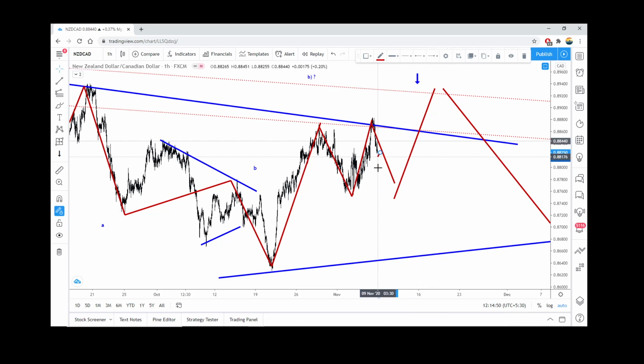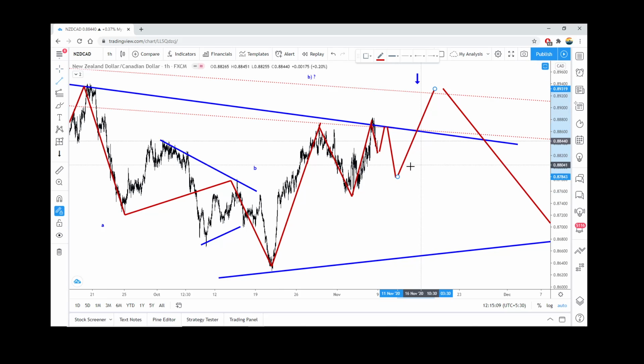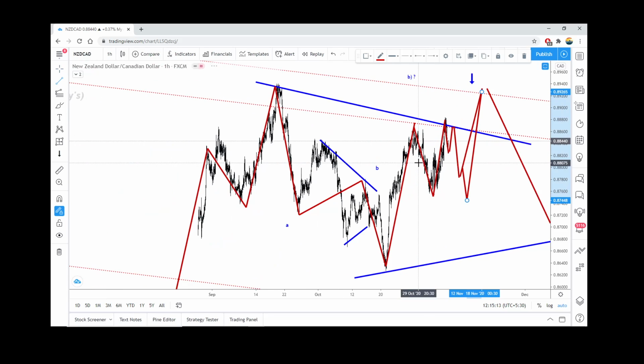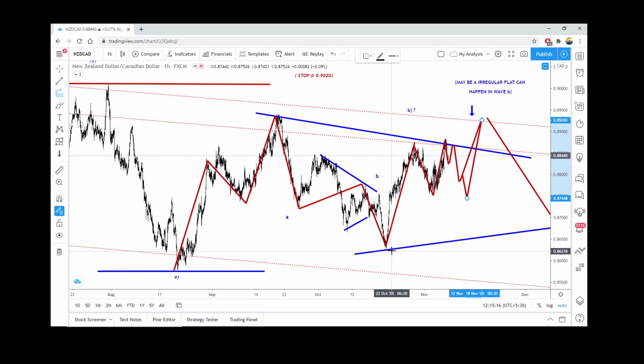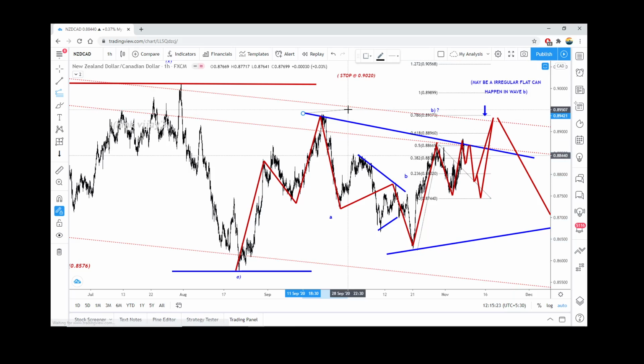Once again A, so B and C. So whether that could be a running flat, or from here it can bounce, or from here it can bounce. So in that case, according to that fib expansion level, there will be a rejection once it breaks this high.